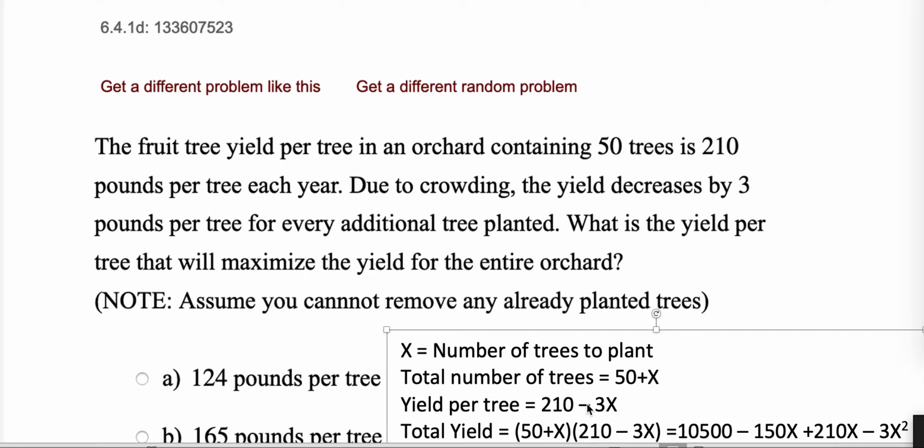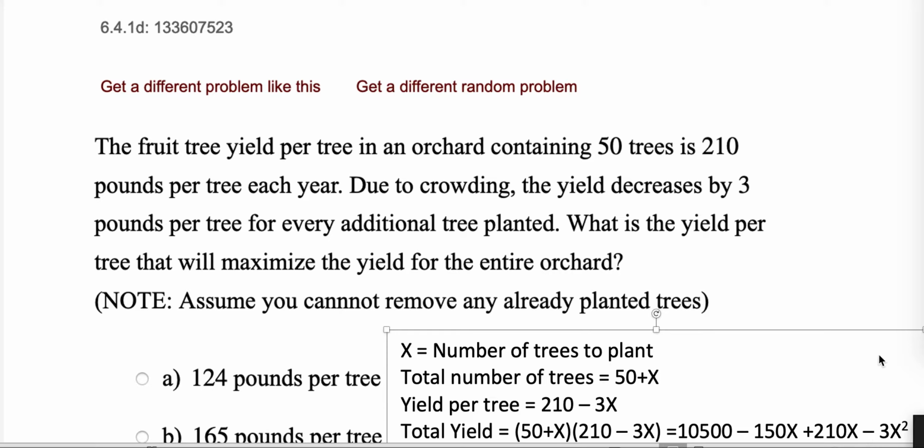So I did the 50 times 210, and I got 10,500. The outer, which is 50 times negative 3x, negative 150x. The inner, which is x times 210, 210x. And the last, x times a negative 3x, which is negative 3x squared.